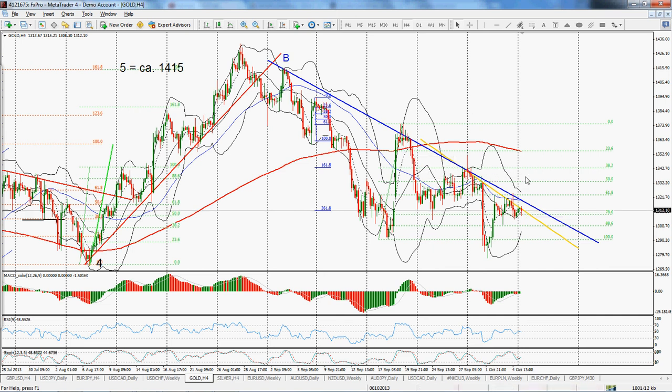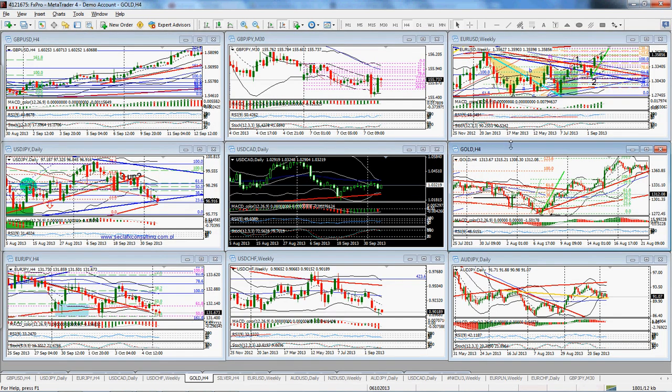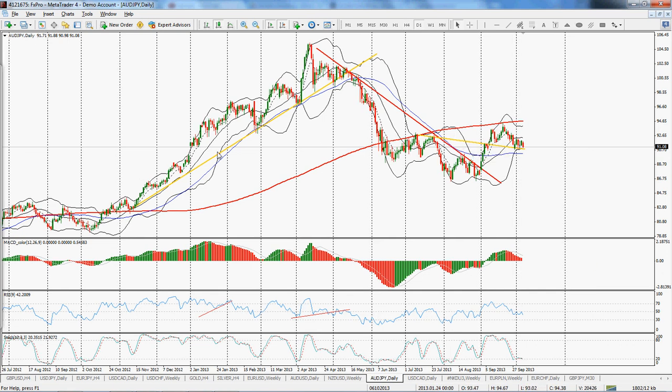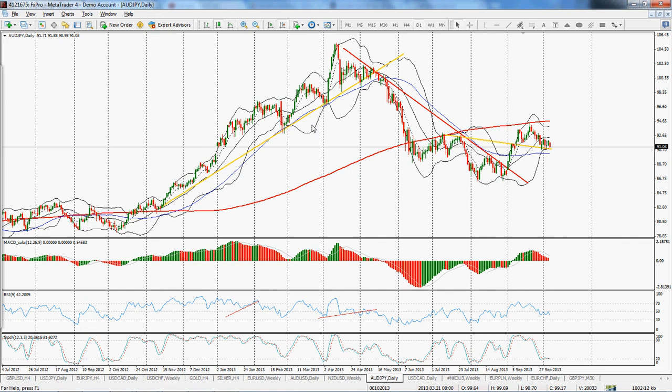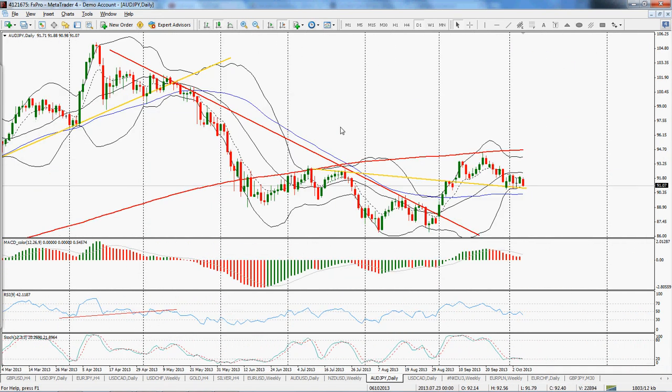So I think there are a few examples regarding how to plot those lines. I'll show you what people sometimes do and what is wrong. Let's take this Australian dollar, Japanese yen, and I talked to a user, and we were discussing his resistance line.